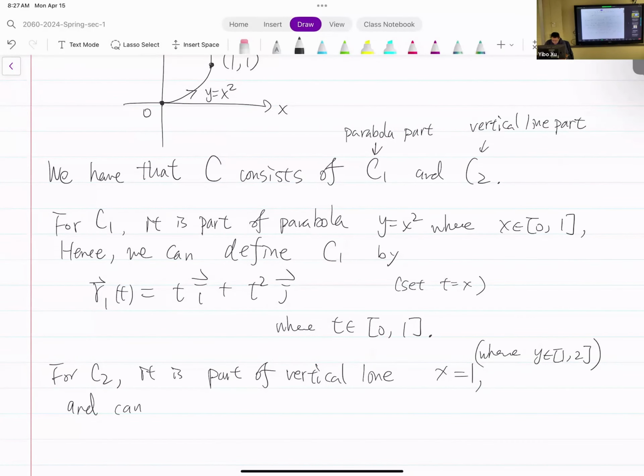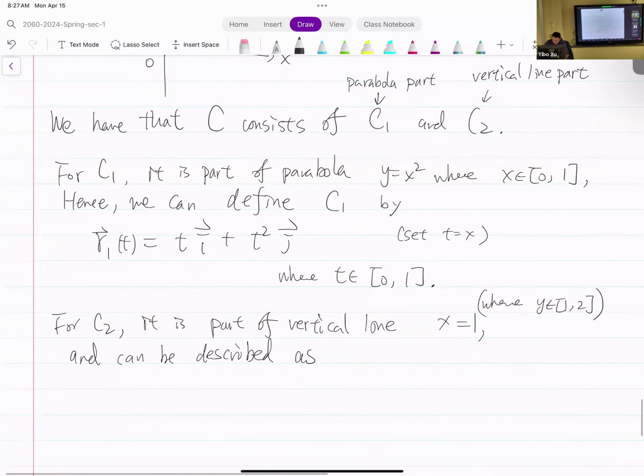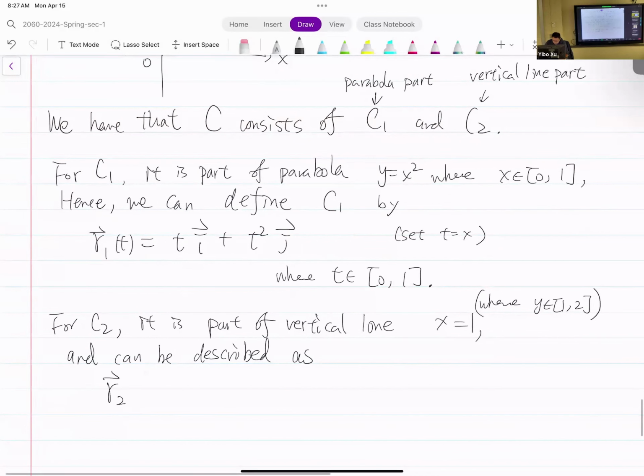And it can be described, so we just name it as the vector function r2. But then here, the only thing that's changing is the y coordinate, right? So that should be t.